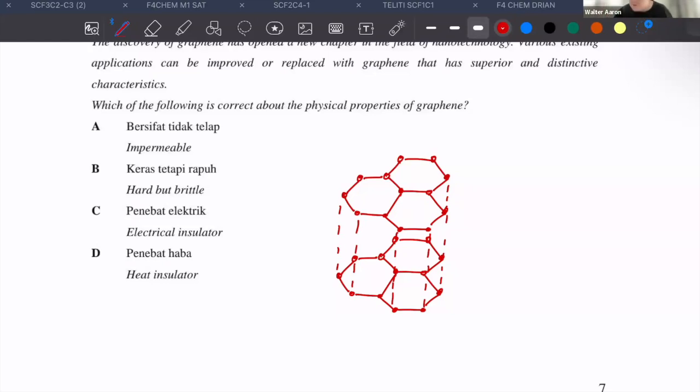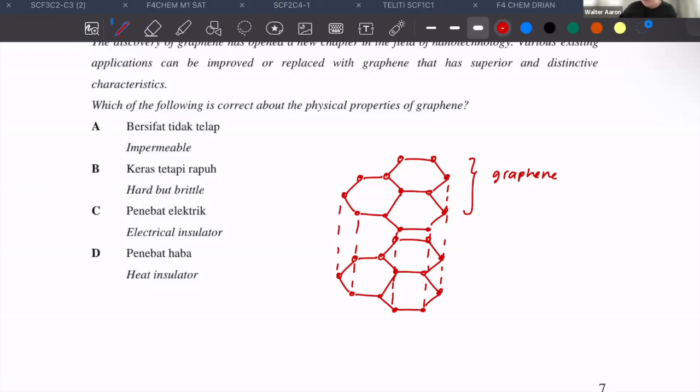You can slide through those layers. And one of those layers is known as graphene. The whole structure with all the layers attached is called graphite. So many graphene structures stack together to form graphite, but just one layer of that inside the graphite structure is called graphene. That's in case you don't know what it is.